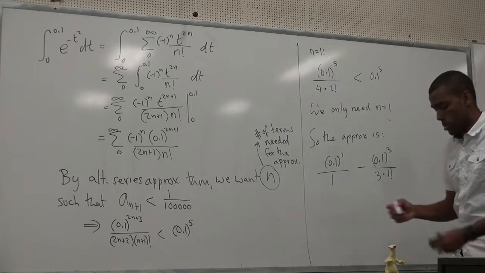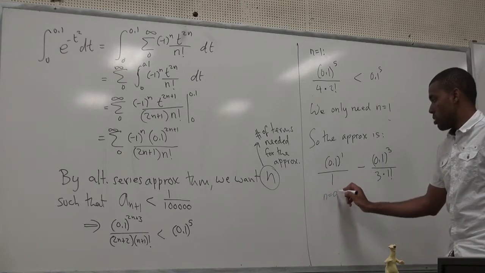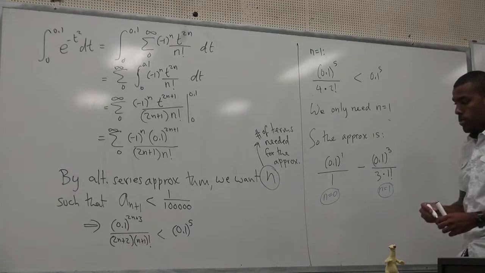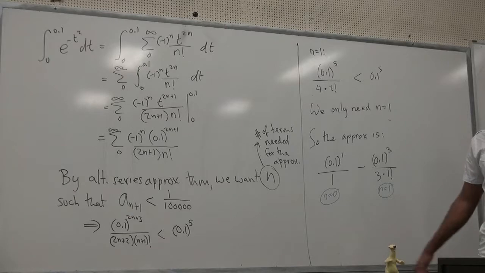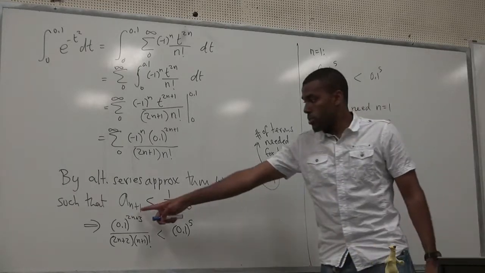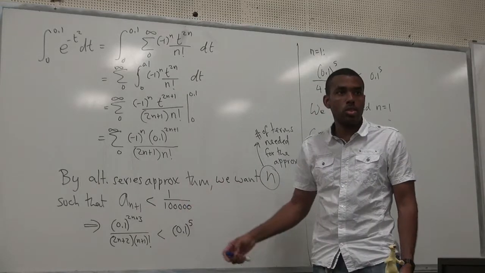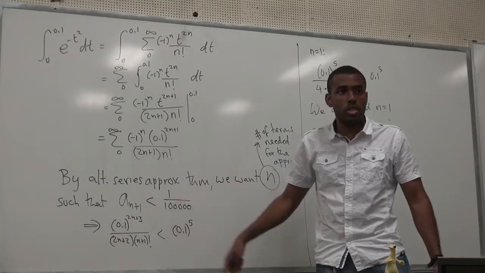Here's where n equals 0. Here's where n equals 1. And according to this, I only need up to n equals 1 to get a good approximation. So basically the a sub n plus first term tells you how good your approximation is, right? So whatever restriction you want, just make sure your n plus first term is less than that restriction.